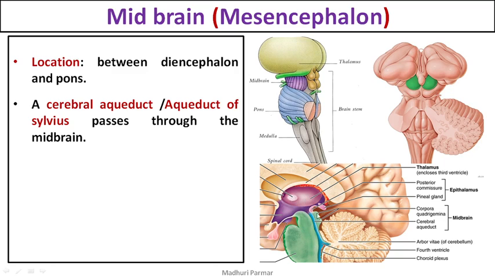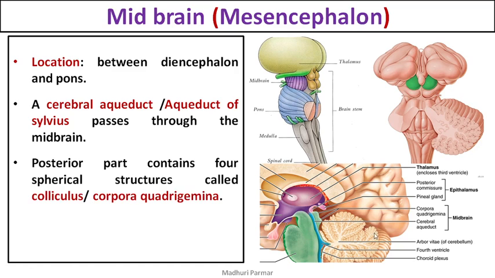Clear? So it is also filled with cerebrospinal fluid. Now this here is the cerebral aqueduct. On the posterior side, the back side, you can see these structures. And if you look at it from the back, this is the side view. You look at it from the back, then they look like this. 1, 2, 3, and 4.